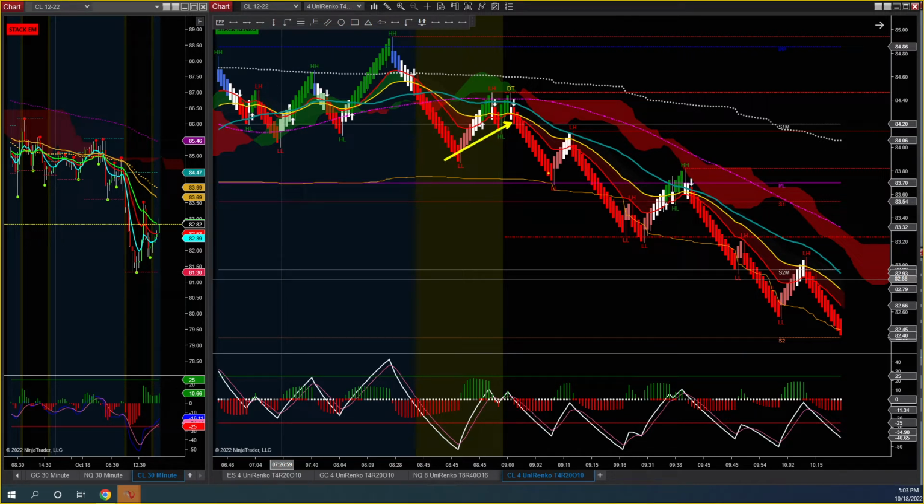Okay, so one target there, another entry right there. These are double top and also bounce or weak off the smooth 50.